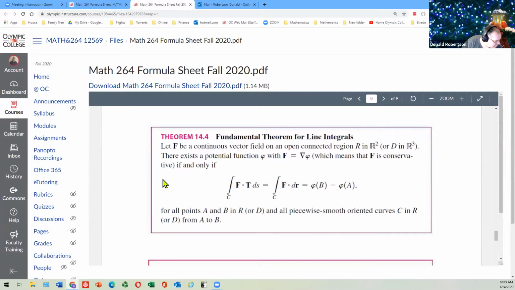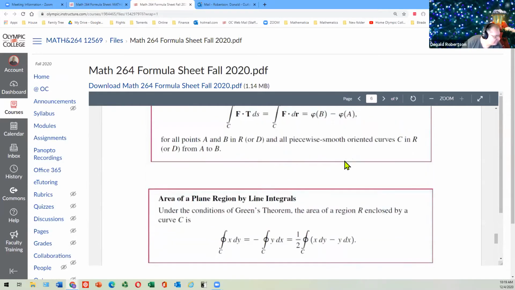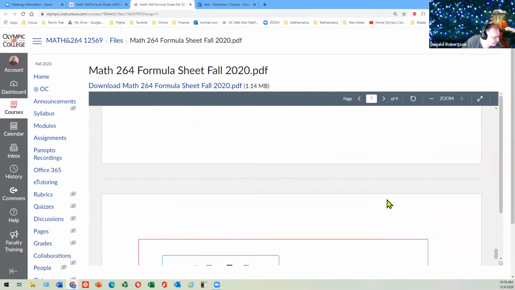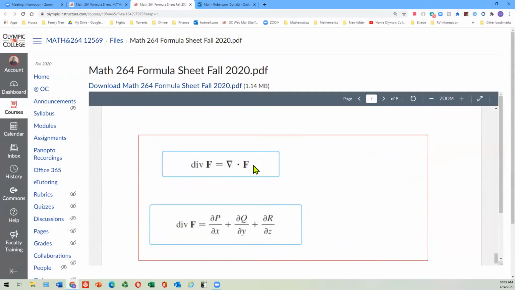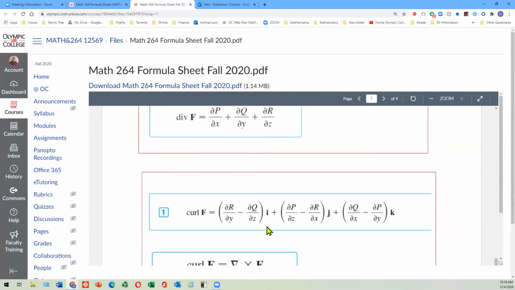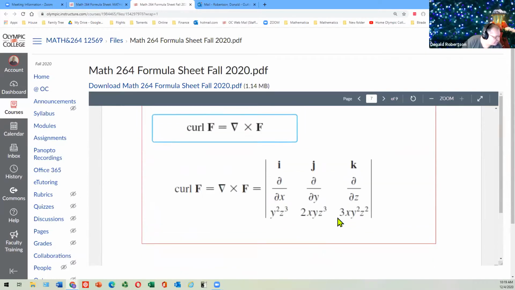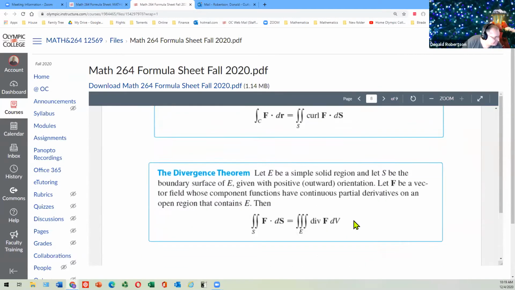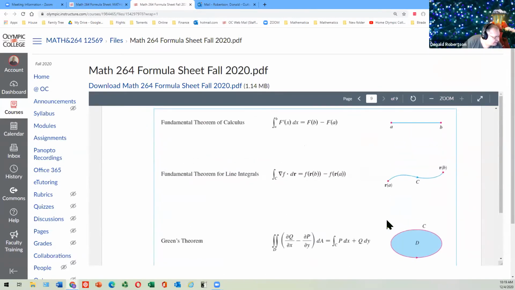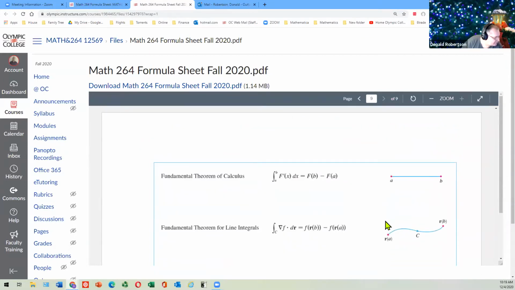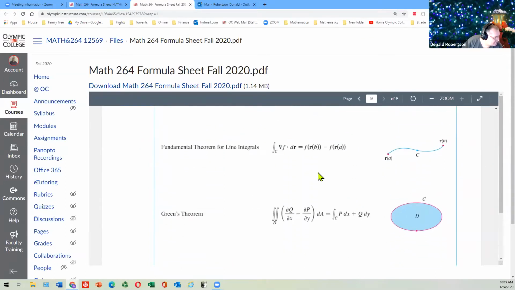That's the textbook version of, you know, little f of b take away little f of a. Right in here, that. This is a little bit more the way we write it, PQs and Rs. Little guy at the end. That's how we would do the fundamental theorem, right?